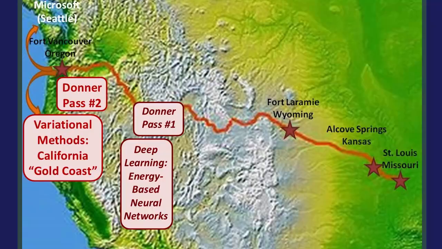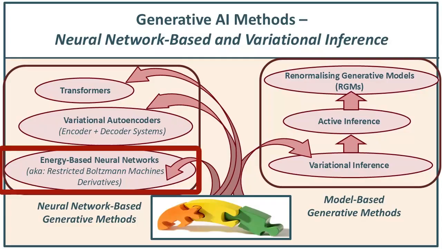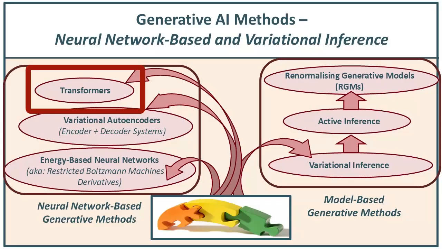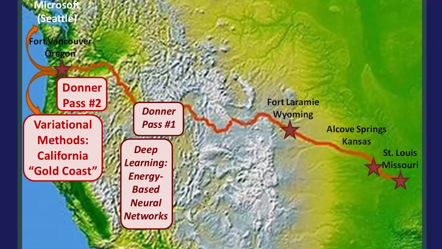But suppose you can get your people or yourself through that whole Sierra Nevada mountain range of generative AI. And by the way, there are two distinct Donner Pass elements within that, one of them being the neural networks elements, dominantly Boltzmann machines and transformers, although we throw in variational autoencoders. And then the other being the variational methods.